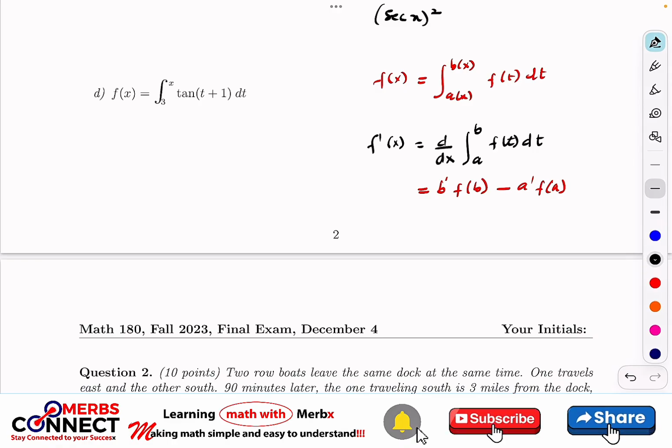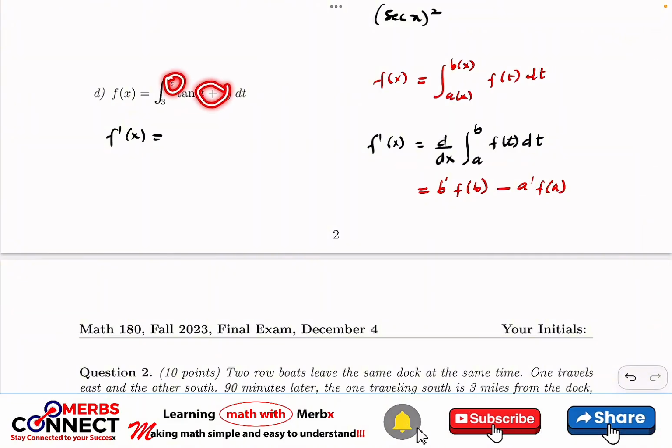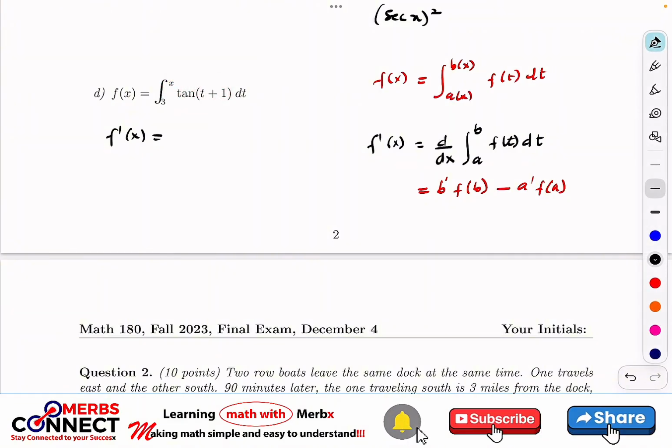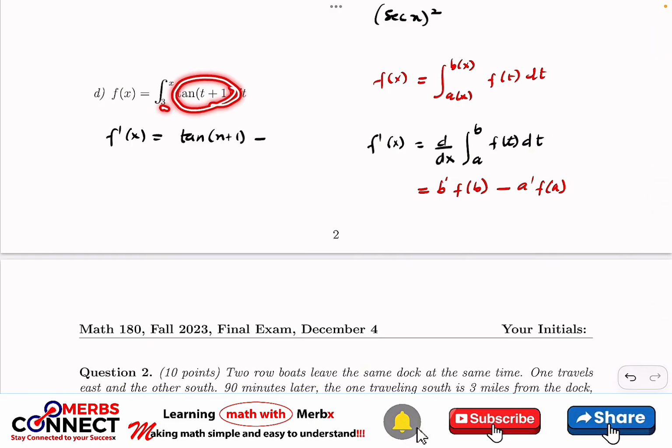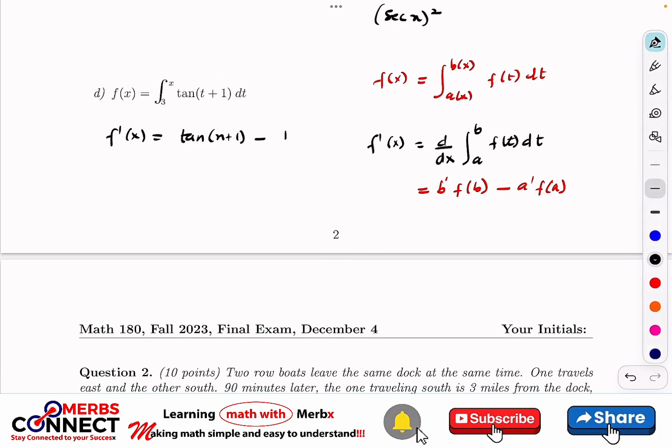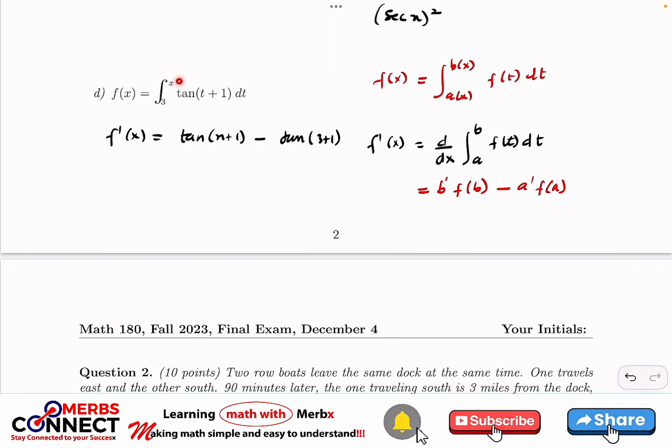Now what will be f prime here? F prime of x, if I'm just doing it simply, I'll say, okay, let's plug in x inside the function. So when I do that, I'm going to have tangent of x plus 1, minus plug in 3 inside the function, and I'm going to have tangent of 3 plus 1, right? But don't forget to differentiate what is here, and differentiate what is here.